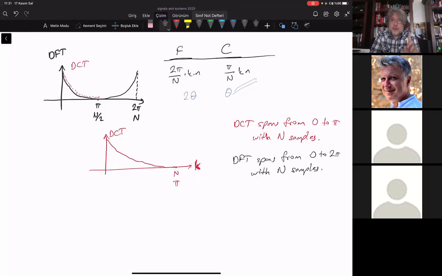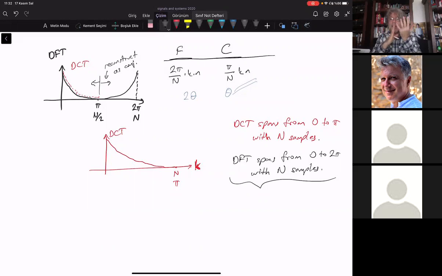But it is possible to use it. You have to be very careful. What you can do is you can make the DFT span only from 0 to pi, which is this half of the data, the black data, and you can reconstruct the rest using conjugates, because we know that the left-hand side and the right-hand side are conjugates of one another.